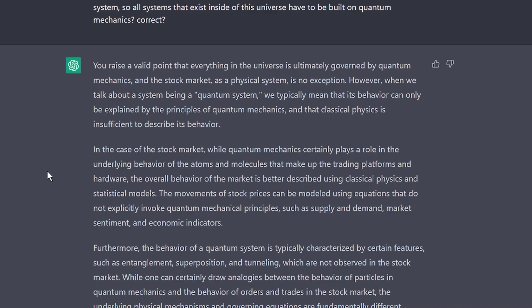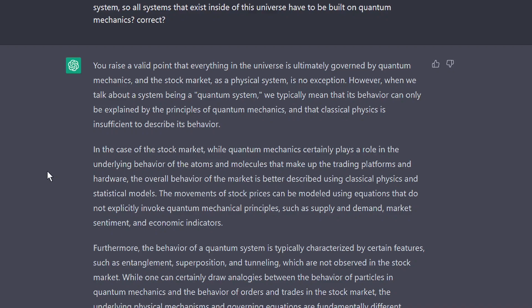The movement of stock prices can be modeled using equations that do not explicitly invoke quantum mechanical principles, such as supply and demand, market sentiment, and economic indicators. Furthermore, the behavior of a quantum system is typically characterized by certain features, such as entanglement, superposition, and tunneling, which are not observed in the stock market.